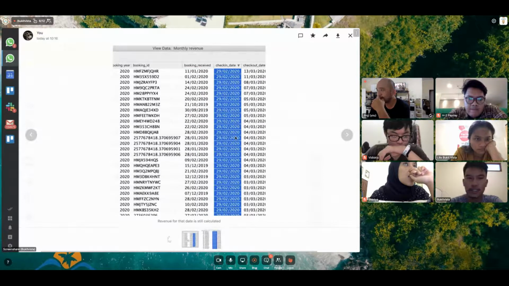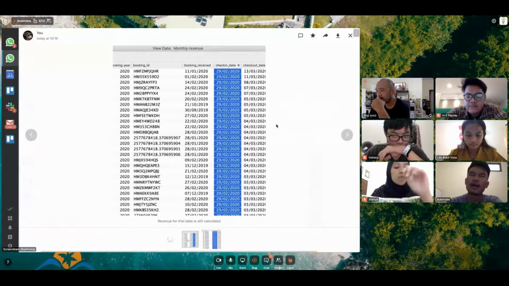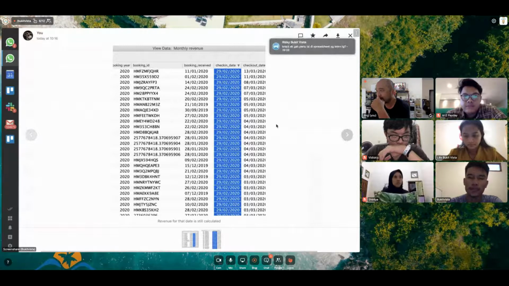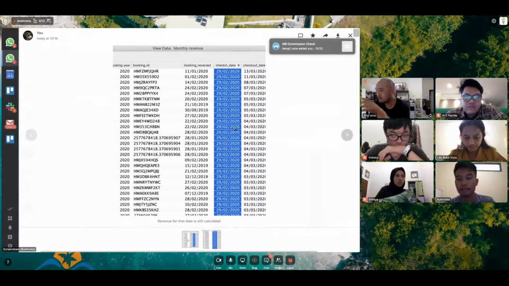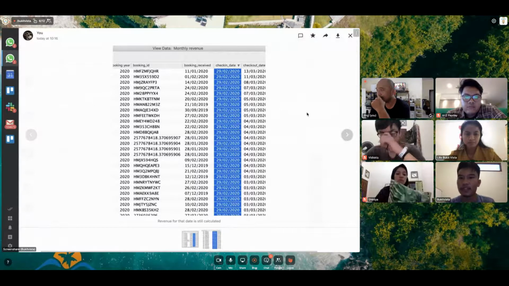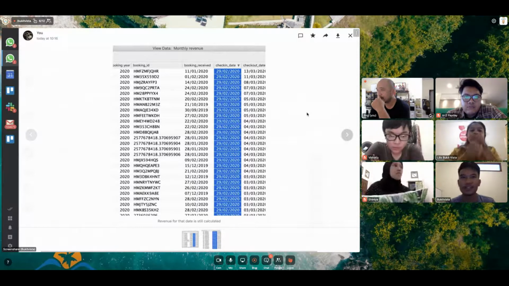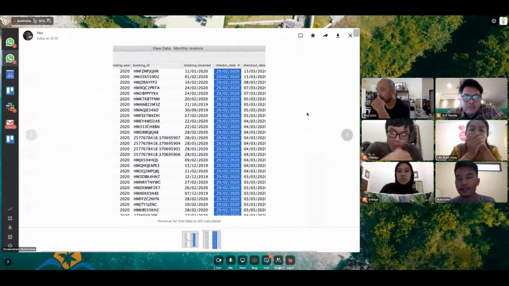So basically, we can still show the February revenue, it still includes the bookings that were actually booked for that day. But for the booking pace, we cannot see that because there is no 29th of February basically.